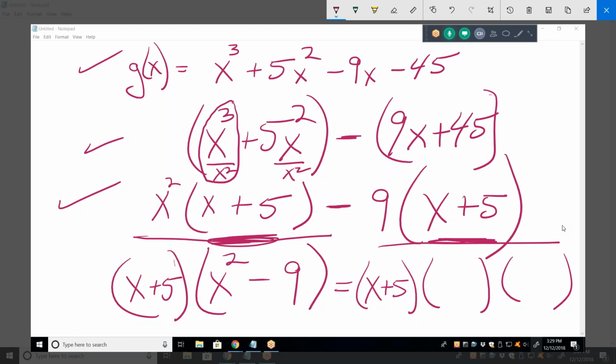It's the square root of this minus the square root of that. In other words, x minus 3 times its conjugate, x plus 3. This is the only one you have to figure out, and then the second term is automatically the conjugate of the first one.